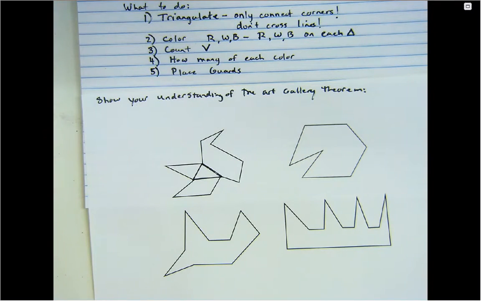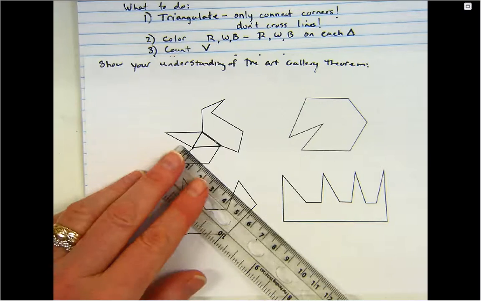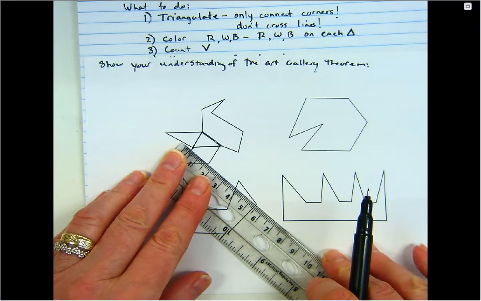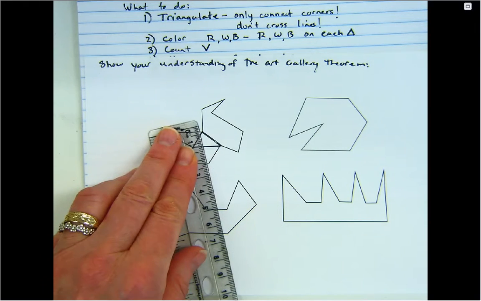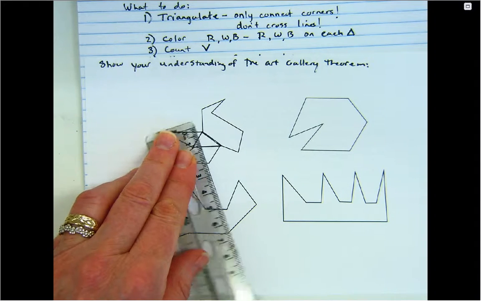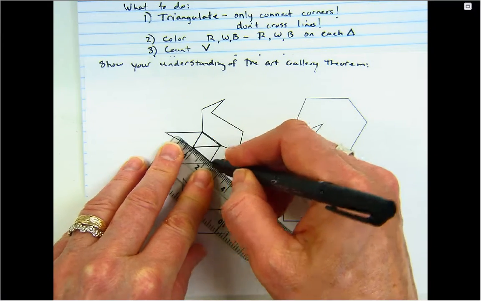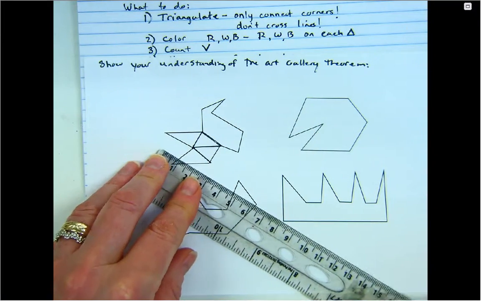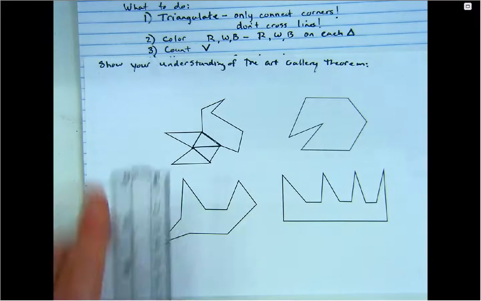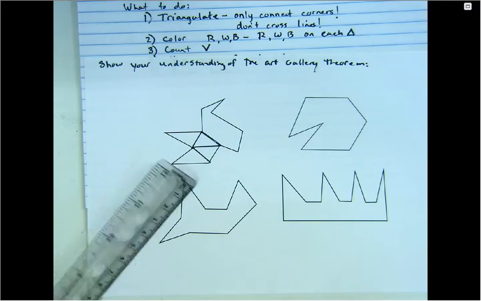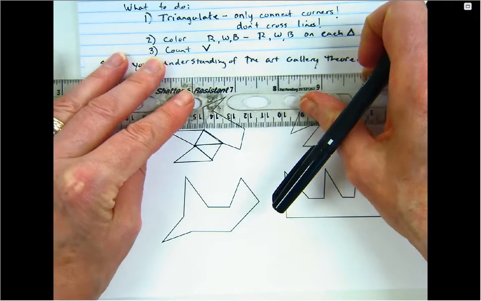So we just connect corners, and we make sure we connect corners without crossing any lines. So I'm not going to connect there to there. Don't do that. Connect only corners. And don't connect in the middle of a line. So for example, don't connect to the middle of the line here. Only connect corner to corner. And if you're doing yours a little different than me, that's okay.